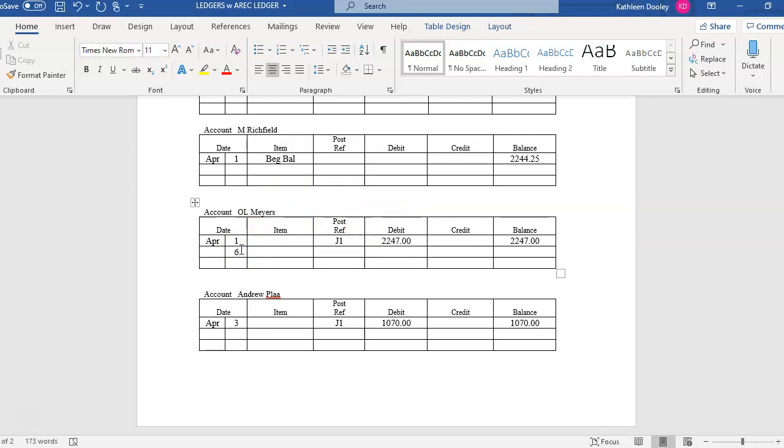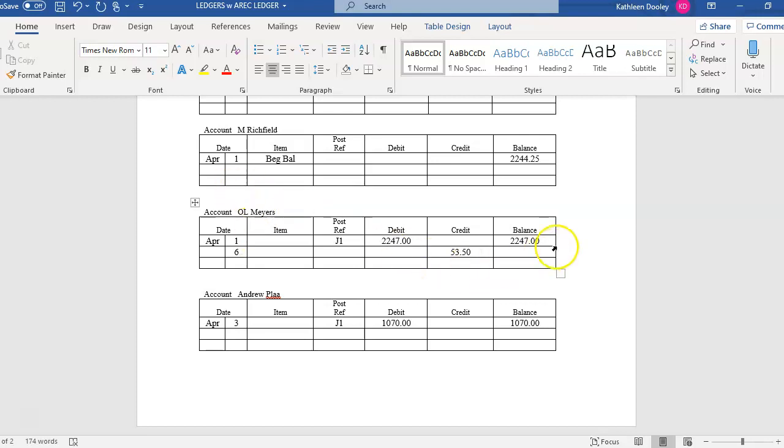Copy the date is the 6th. I copy the amount, which is $53.50 credit. And now I have to figure out the new running total balance. The previous balance is $22.47. Because these are customers, these are all accounts receivable ledgers, and accounts receivable is an asset, which is a debit balance.